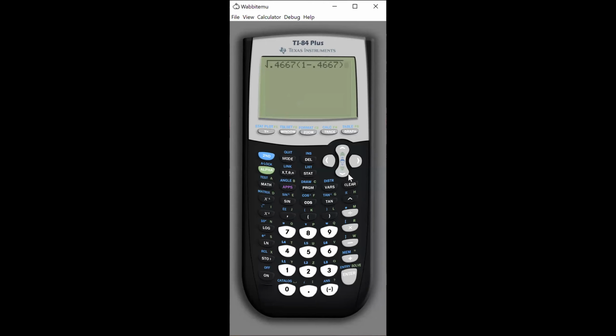I'm going to move this over and we're going to multiply this by second radical 1 divided by 100 plus 1 divided by 200. You enter it, you get 0.0611. So we just found the standard error. So we get negative 0.13 divided by 0.0611.